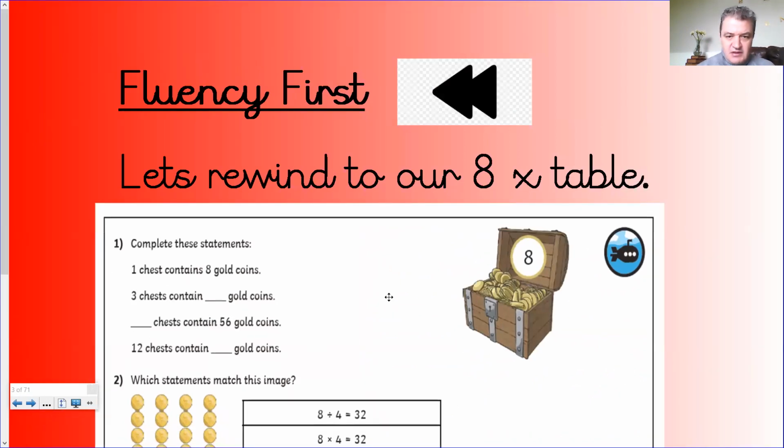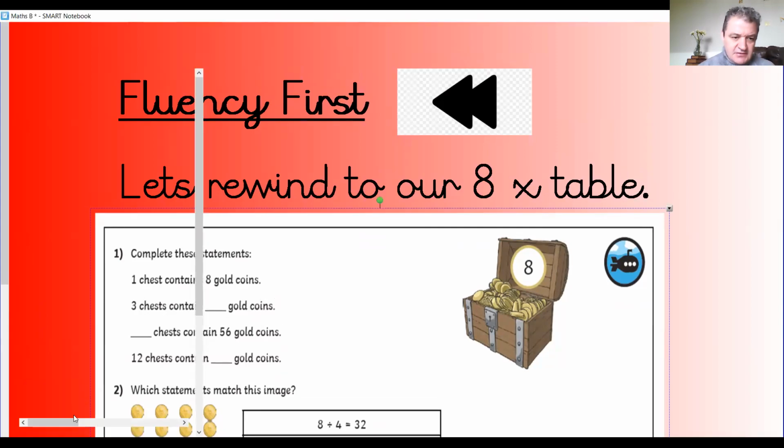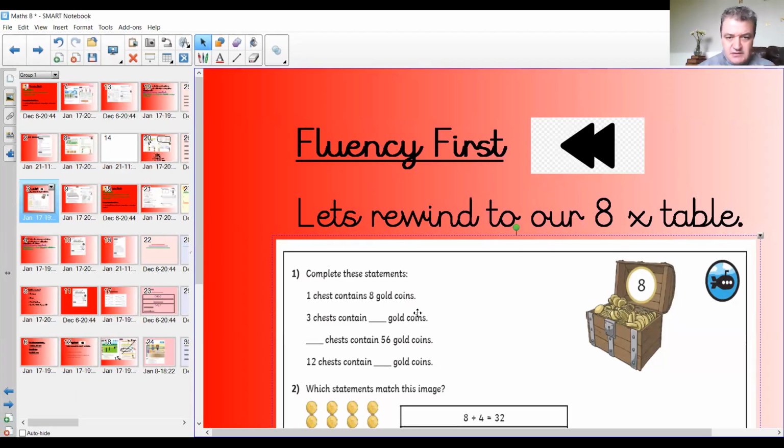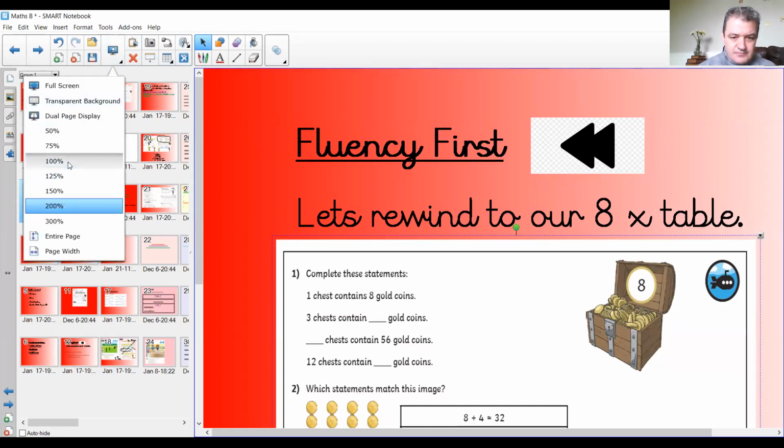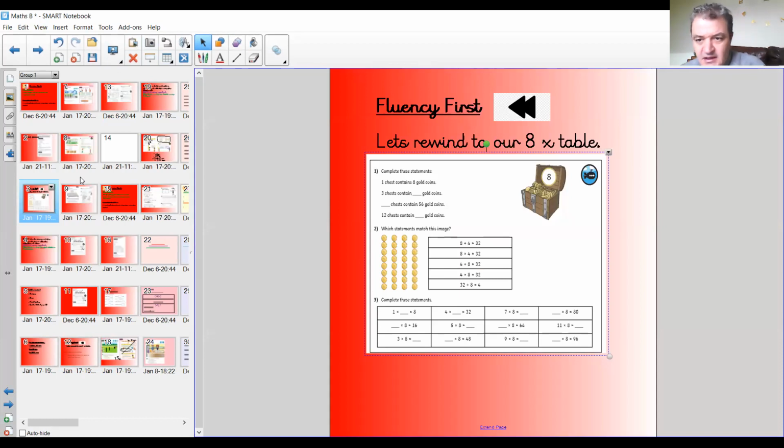Okay, so our fluency first. What I've done is I've got a little sheet of paper. There's basically some questions that are around the 8 times table.